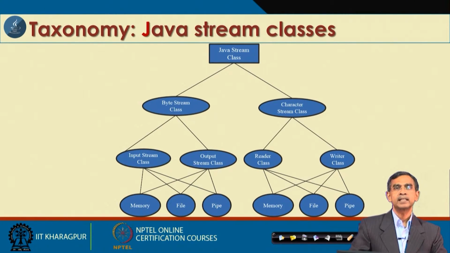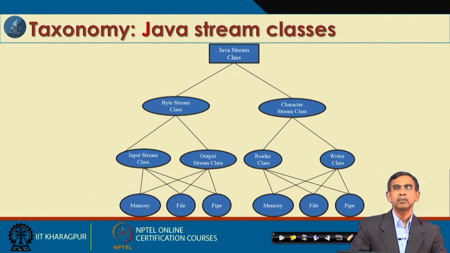We can say that these are the Java stream classes. As I told you, they can be divided into two broad categories, the byte stream classes and the character stream classes. In byte stream classes, there are again two categories, the input stream classes and the output stream classes, and for the character stream classes, there are again two categories, the reader class and the writer class.